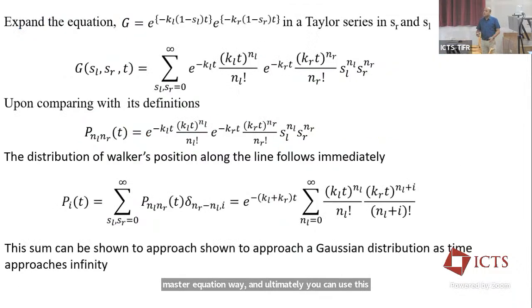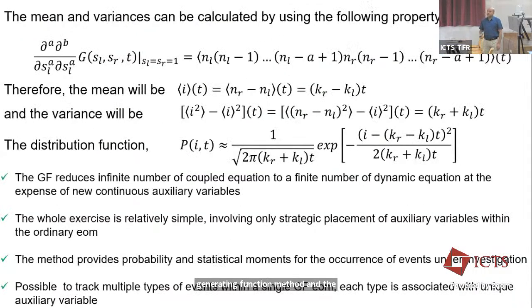The beauty of this method is that it reduces an infinite number of coupled equations to a finite number of dynamical equations at the expense of new continuous auxiliary variables. S_L and S_R are the auxiliary variables. The whole expression is relatively simple, involving only a strategic placement of auxiliary variables within the ordinary equation of motion.